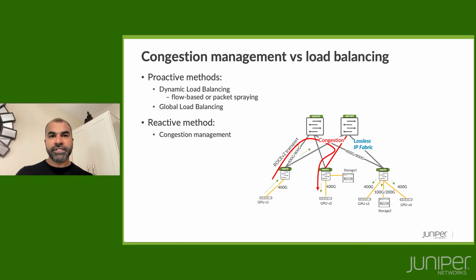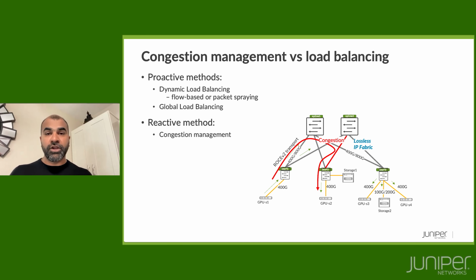What I mean here is that in a GPU cluster on the fabric, we have to control the congestion proactively using efficient load balancing. In more detail, in the proactive method, if any congestion happens on a particular link or path, we will switch that particular flow from the congested link to a less congested link, right?